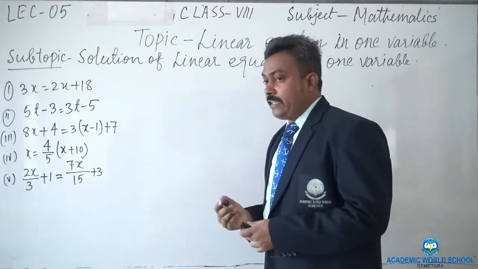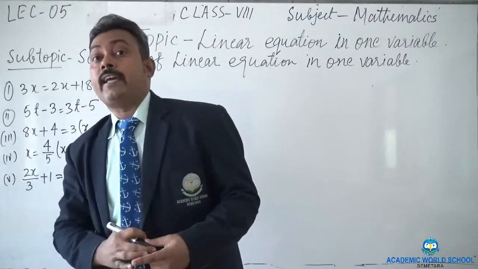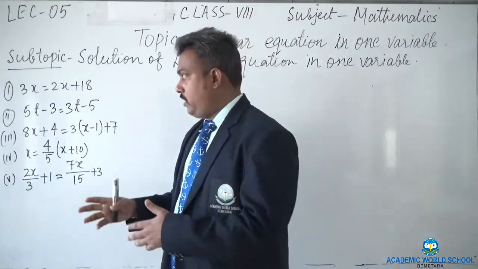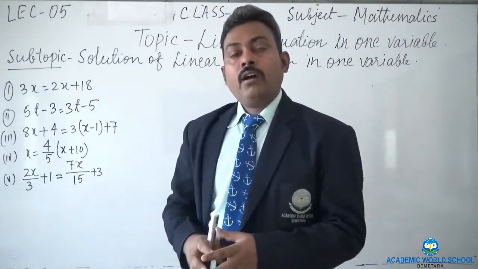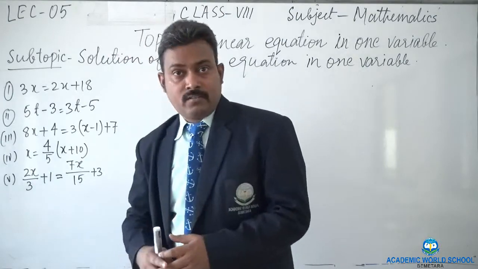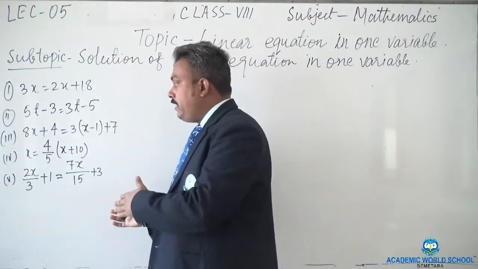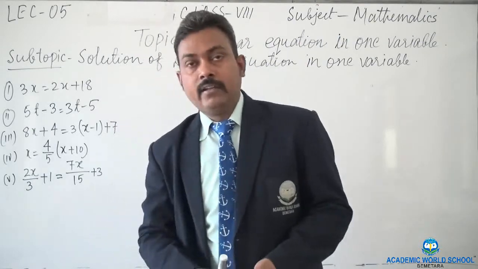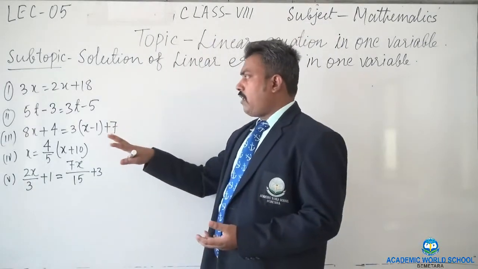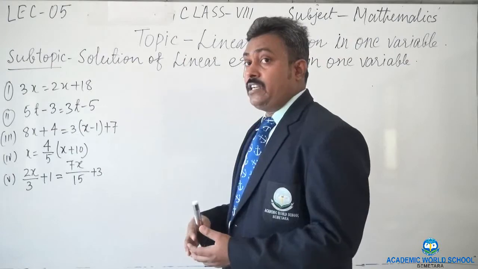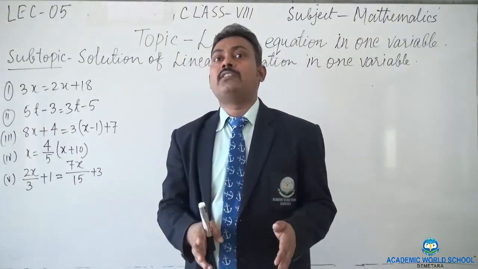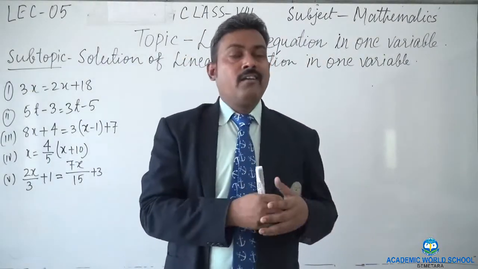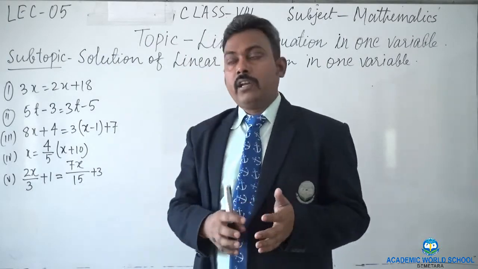So in our previous lectures, we had categorized equations. The basis of categorization was the presence of variables in the left hand side and in the right hand side. The first category was in which the variable was just on the left side of the equation, right?